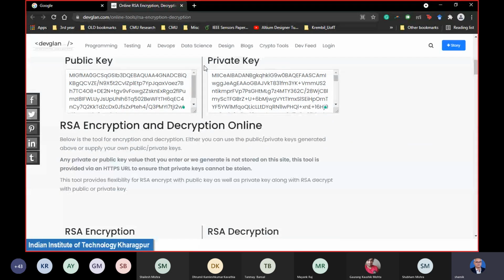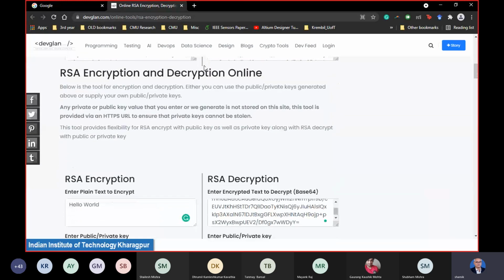Consider that it is Mr. X and myself. When I wanted to send something encrypted to Mr. X, as was rightly said, I have to encrypt it with the public key of Mr. X. So this must have been the public key and private key pair of Mr. X. Now I want to send that hello world through a digital signature, not as encrypted information.